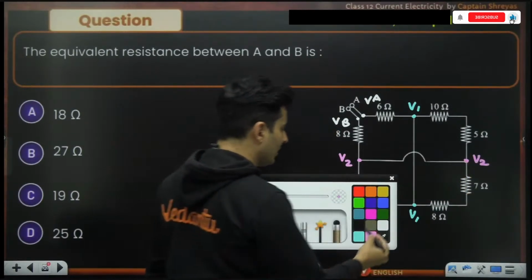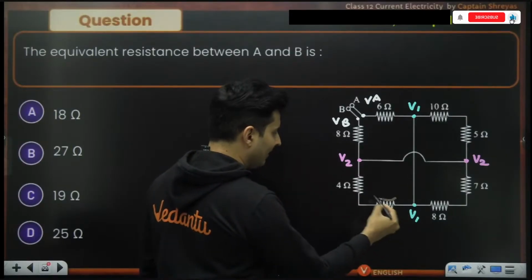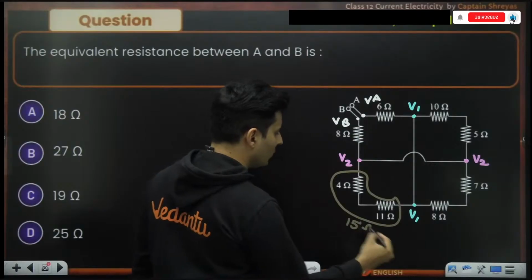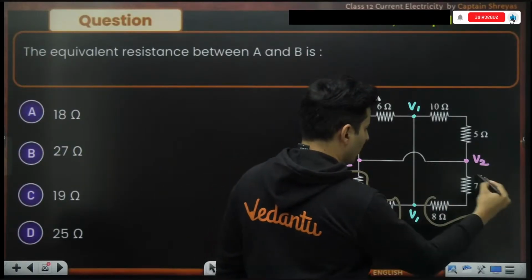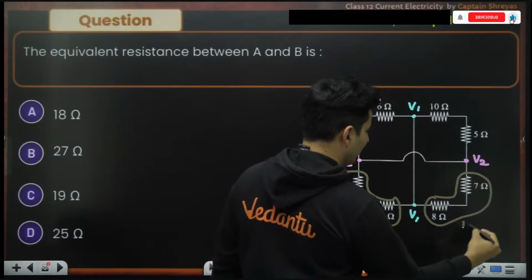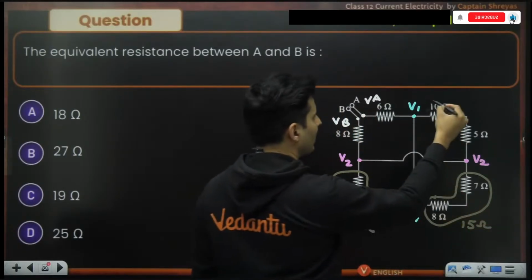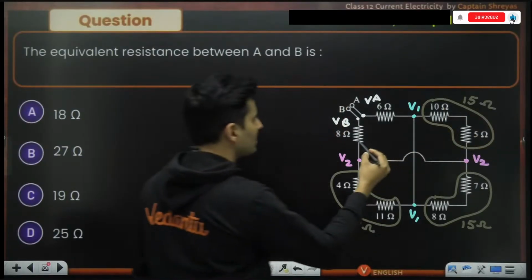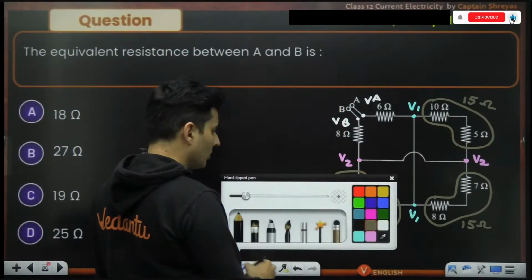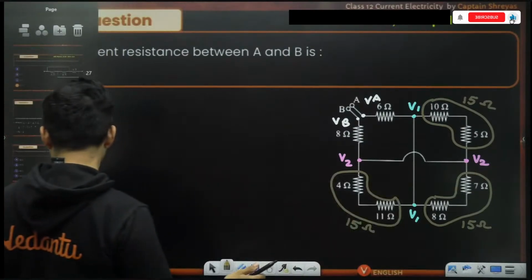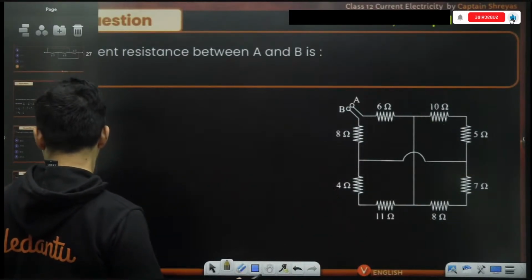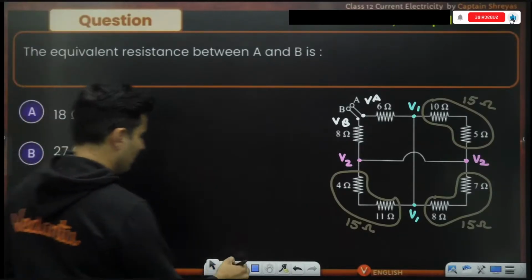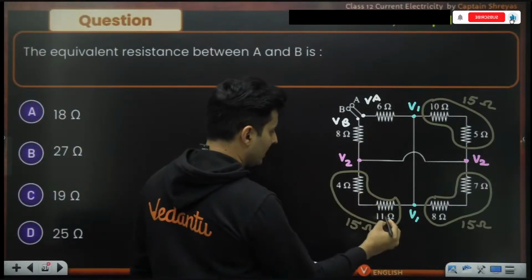Next important thing that I can see, these two are connected one after the other. So actually they are in series. So 4 plus 11 is 15 ohms. These two are also in series. So 8 plus 7 is also 15 ohms. Perfect. This 10 and 5 are connected one after the other. That is also 15 ohms. Nothing else over here. So technically speaking, we can replace these resistors with one single resistance.